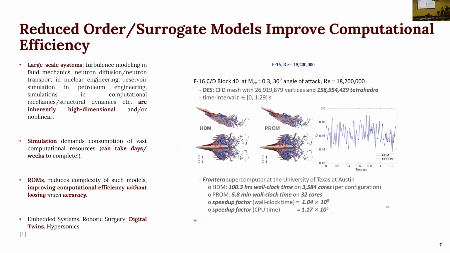Here is an example of an extremely large-scale problem. This is the CFD simulation of an F-16 CD Block 40 jet, and the simulation is being done at a very high Reynolds number. This simulation uses 0.1 billion tetrahedral mesh elements and approximately 27 million vertices.